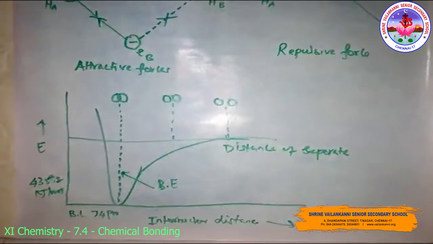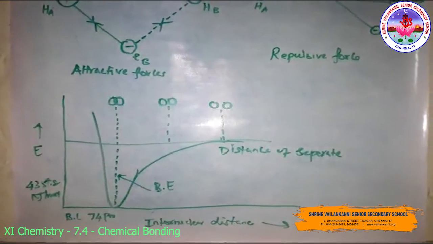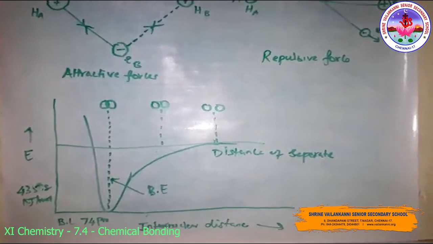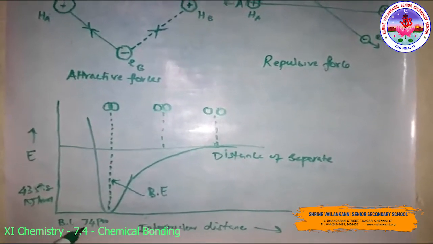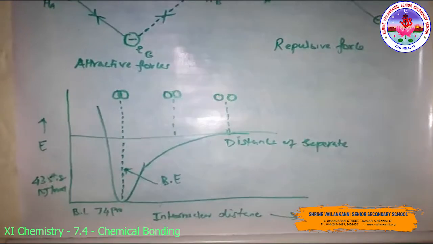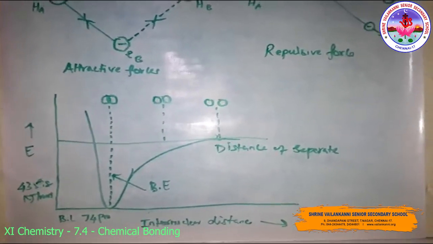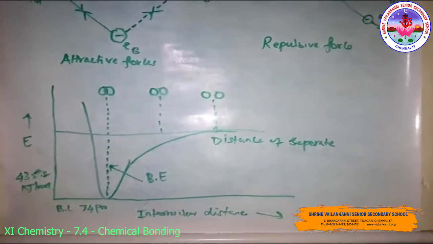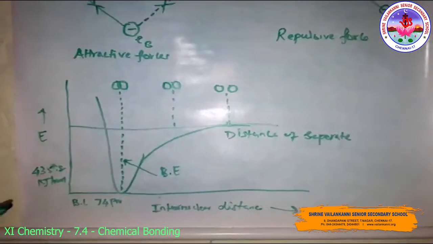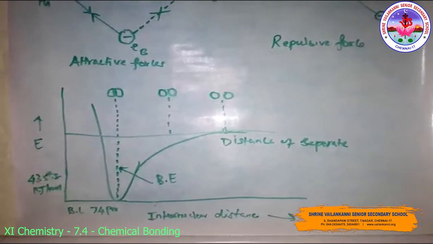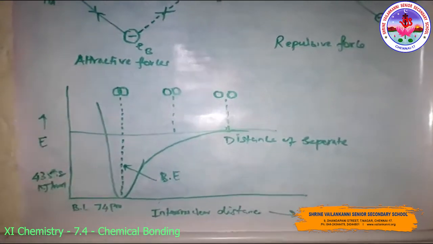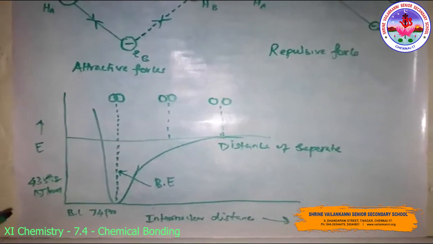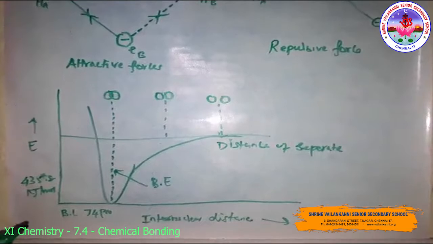At this stage, the two hydrogen atoms are said to be bonded together to form a stable molecule having the bond length, which is 74 picometer. Since energy is released when the bond is formed between the two hydrogen atoms, the hydrogen molecule is more stable than the isolated hydrogen atoms. This is called bond enthalpy, corresponding to the minimum in the curve.